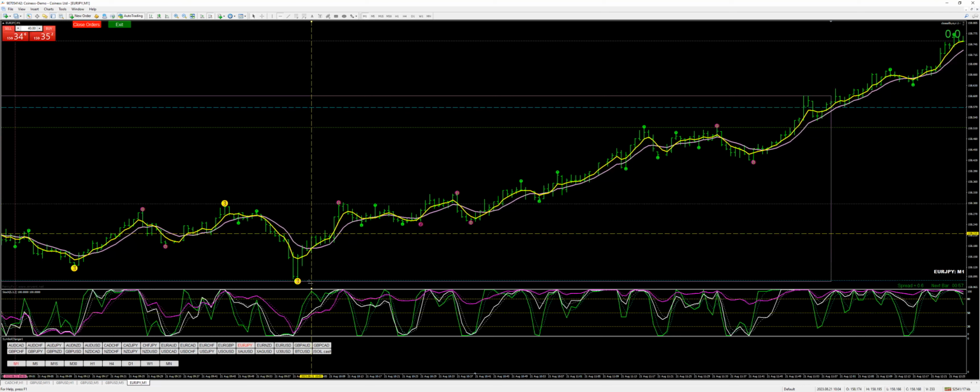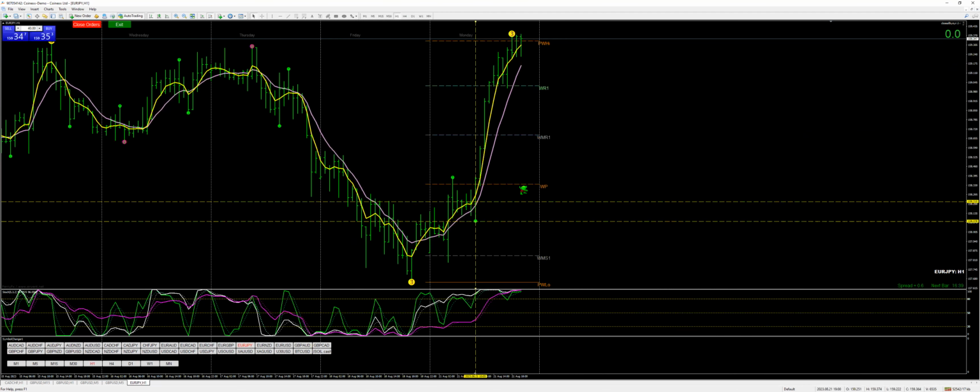And here's the stop loss. And that gives a 40 lot trade. And this is still going. This is right on the line, so didn't consider that to be an exit. And that is 112 pips.